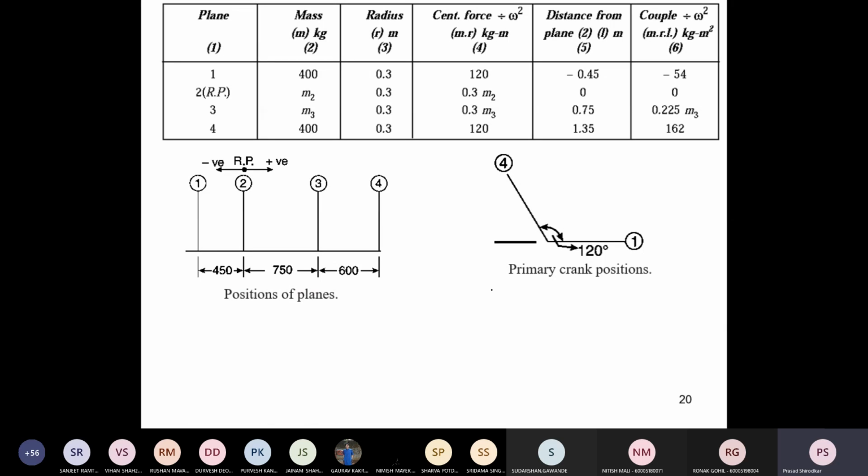Any questions till now? The same steps we are repeating.